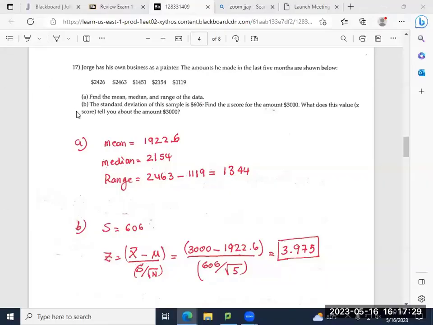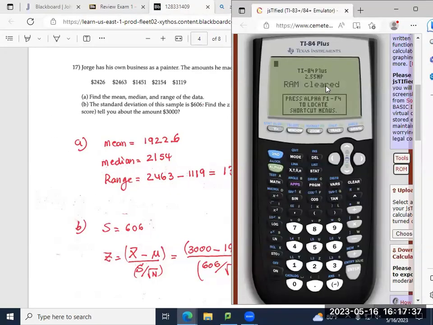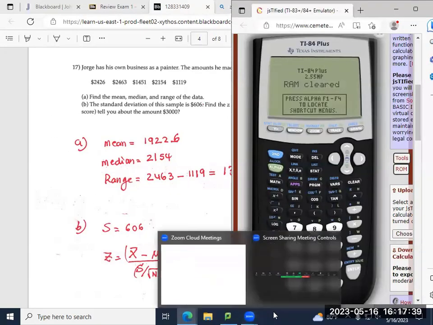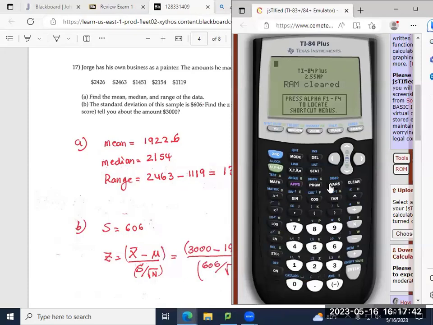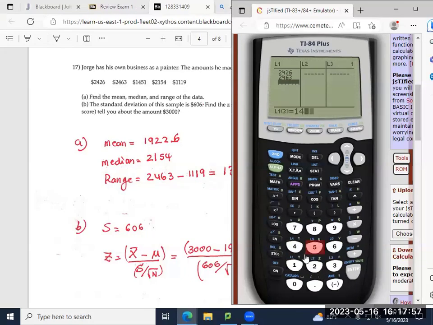Okay, so it's recording again. Okay. How do we do this? So what you're going to do, guys, is you're going to plug it into stats. You're going to edit. You're going to put the numbers here: 2426, enter, 2463, enter, 1451, enter, 2154, and 1119.